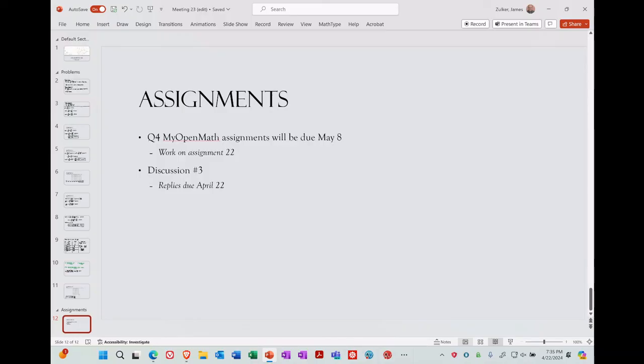Next week, and by next week I mean Wednesday and Monday, we work on parametric equations. Wednesday will be what are parametric equations. We'll look at plotting some. We'll define them. Look at some common parameterizations.